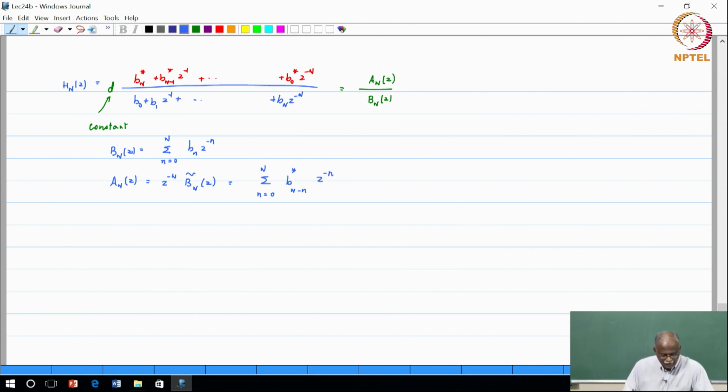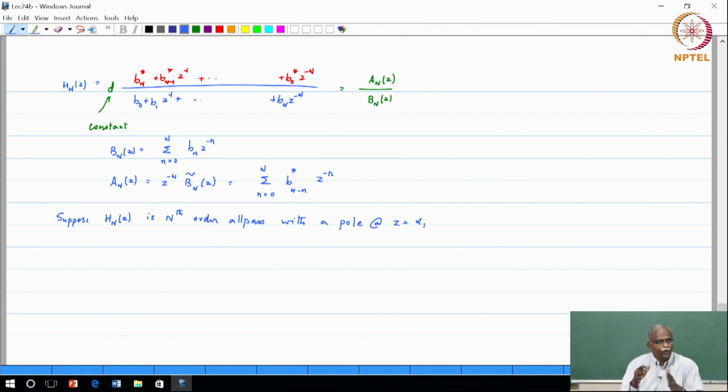Okay. Now here is the argument that we make based on what we discussed for the earlier case. Because of the paraconjugate nature, we make the following statement: suppose Hn of z is an nth order all pass, that is what we have constructed it to be, with a pole at z equal to alpha 1, then it must have a 0 at 1 over alpha 1 conjugate.